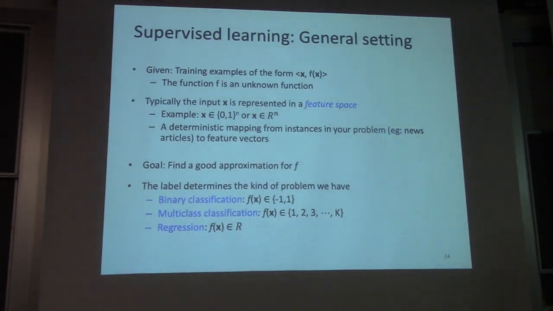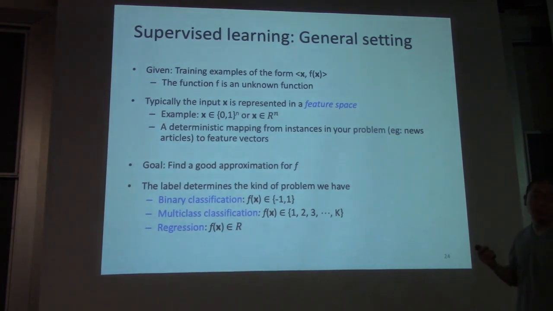Someone just asked if it is possible that you have a continuous label space. The answer is yes, of course. If your label space is continuous, filled with real numbers, your task is called regression. And in that case, actually your label space is infinite.